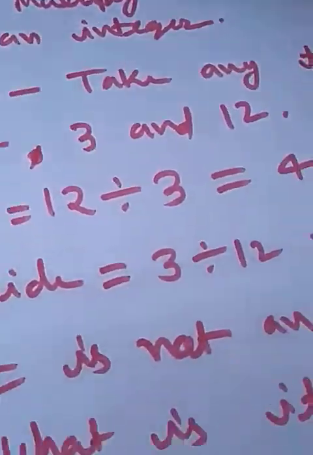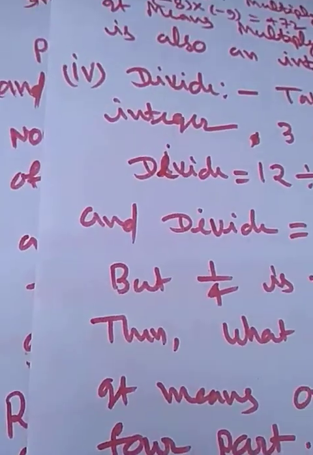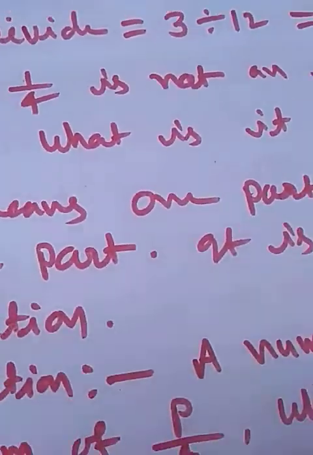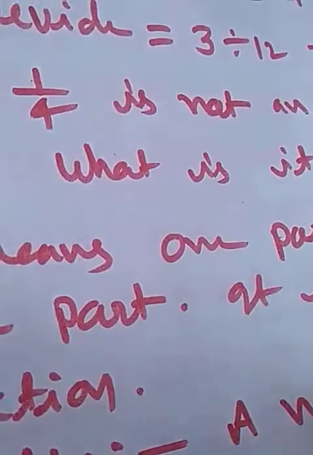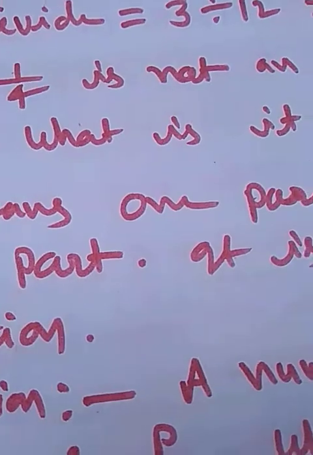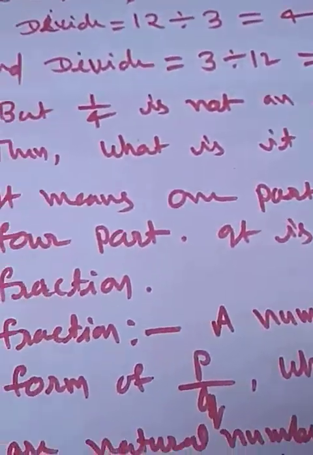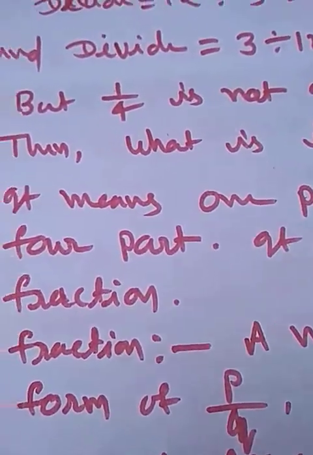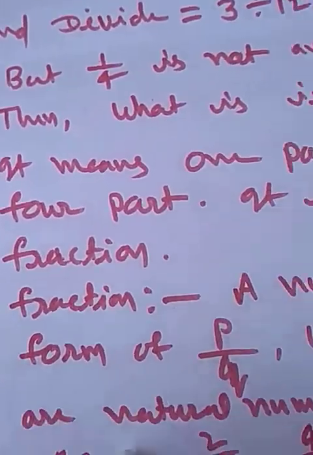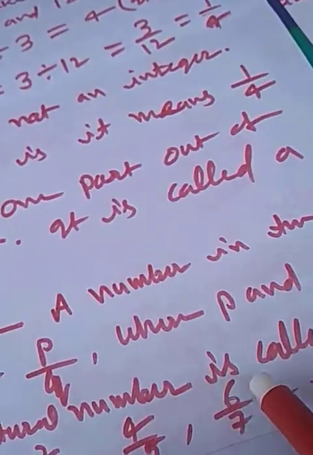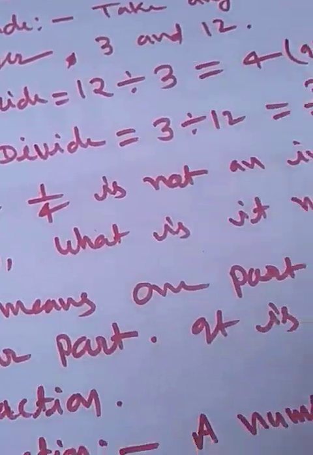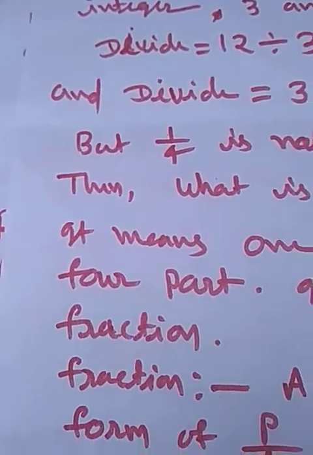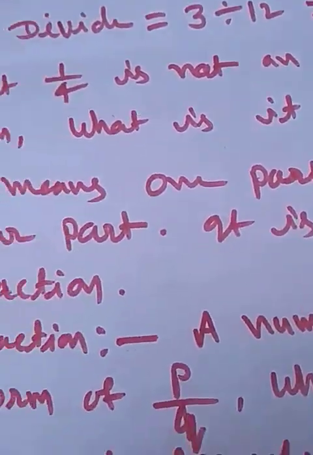A number in the form of p by q, where p and q are natural numbers, is called a fraction.